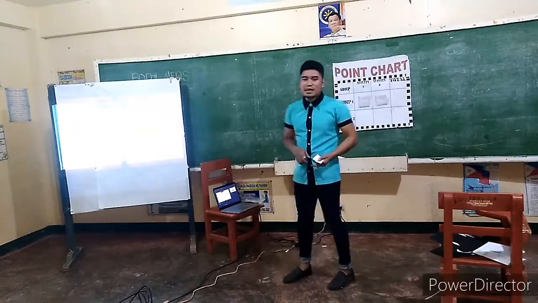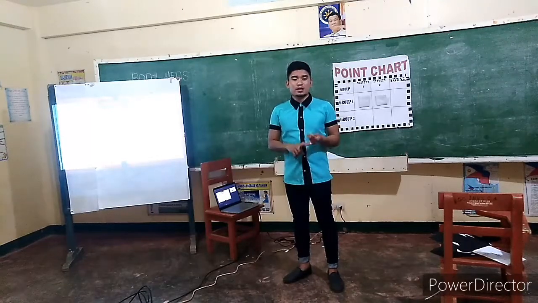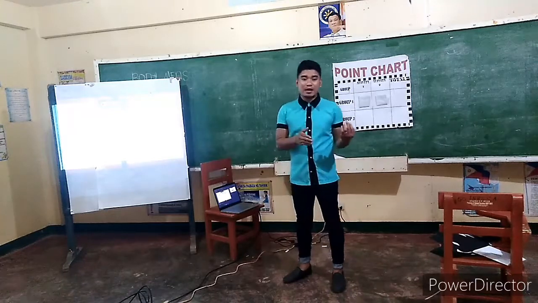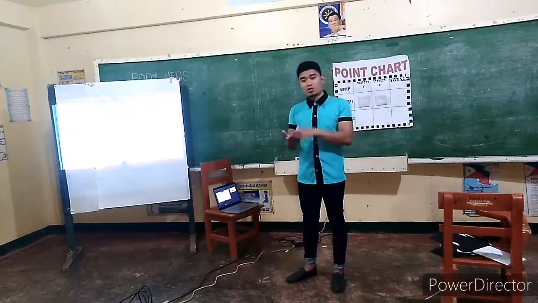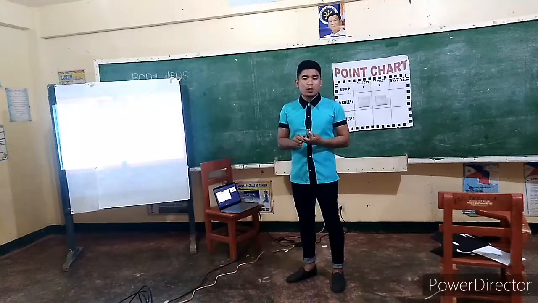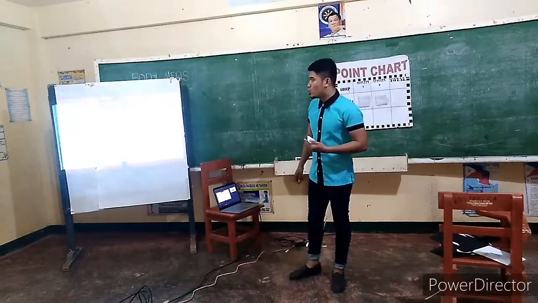Okay, so those are the examples of primary color. Primary color means the basic of all colors. There is no other color that you can add to result in that color. The primary color is the base of all colors.